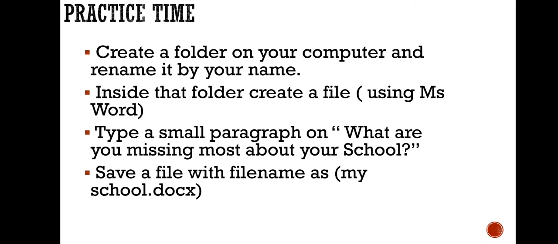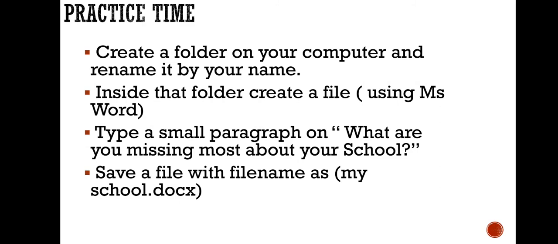Inside that folder you are going to create one file using Microsoft Word. Open the folder, right click on the blank space, select new and select Microsoft Word. You are going to write a small paragraph about what you are missing most about your school. Then you are going to save that file. Do you know how to save a file?